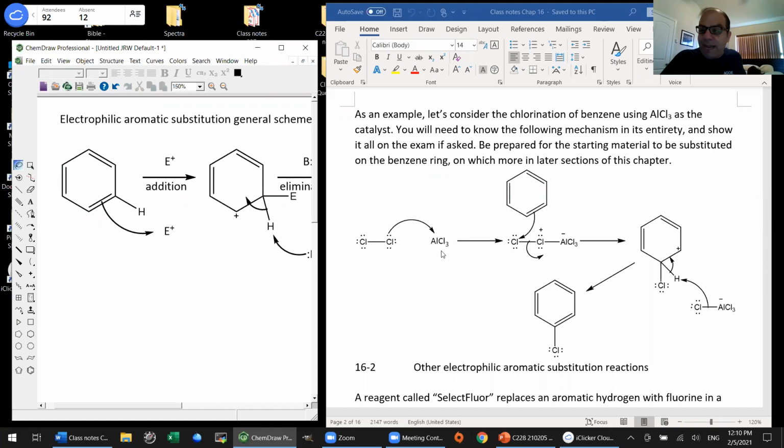Same exact mechanism, same exact arrows, only thing that changes is the identity of the metal. Likewise, if we switched from chlorine to bromine and used either aluminum bromide or iron 3 bromide, same exact mechanism, same exact arrows, same exact everything. The only thing that's changed is the identity of the halogen and or the metal. But the mechanism's exactly the same for all of them.